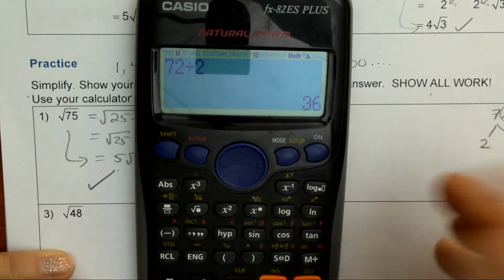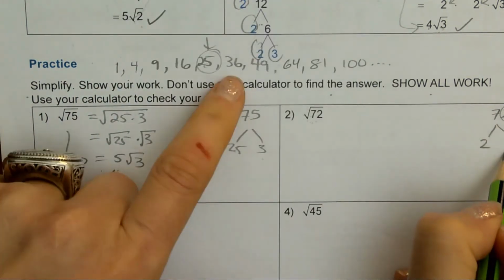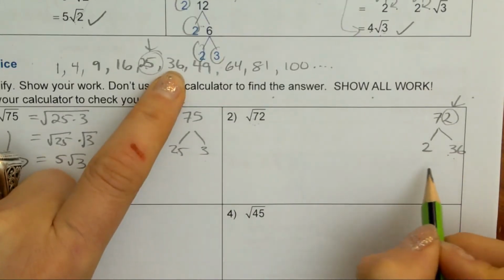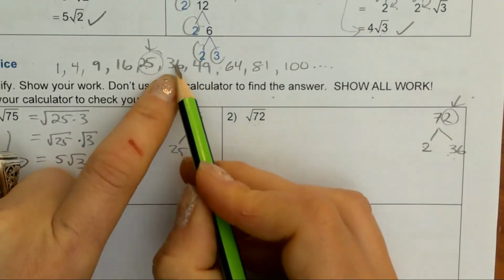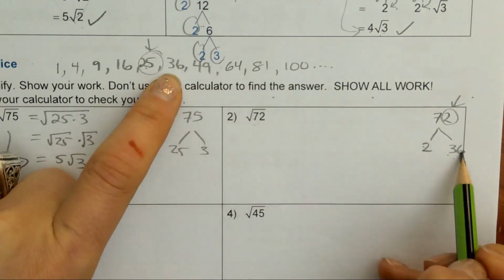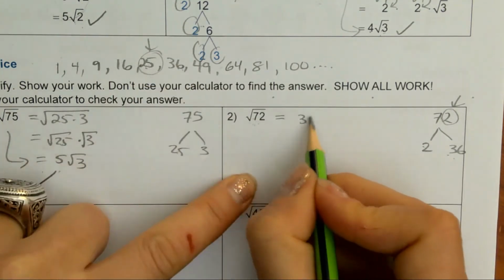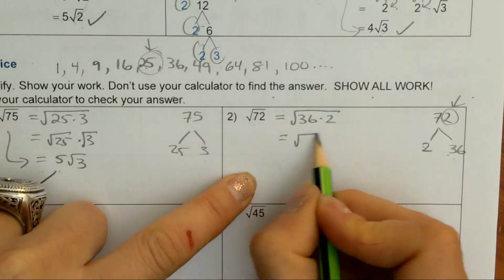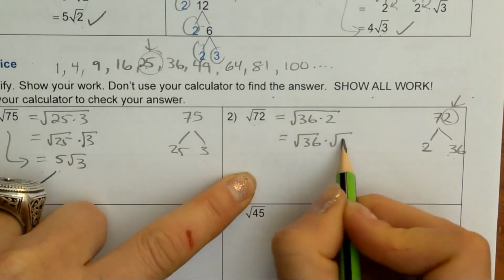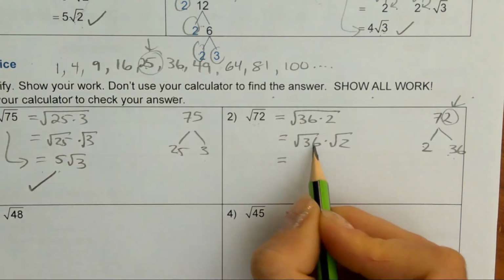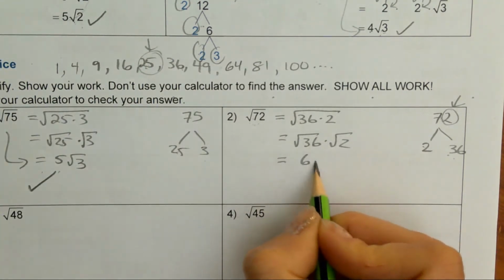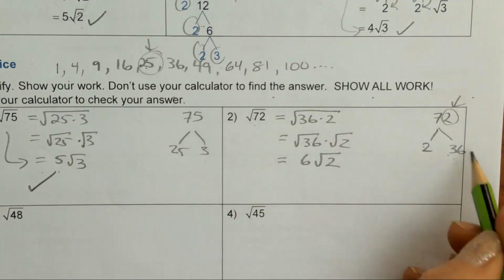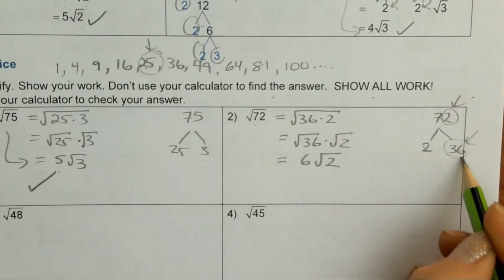Wait a minute. 2 times 36 is 72. 36 is a perfect square. So let's separate this into 36 times 2, which equals root 36 times root 2. And 6 times 6 is 36, so it's just 6 root 2.